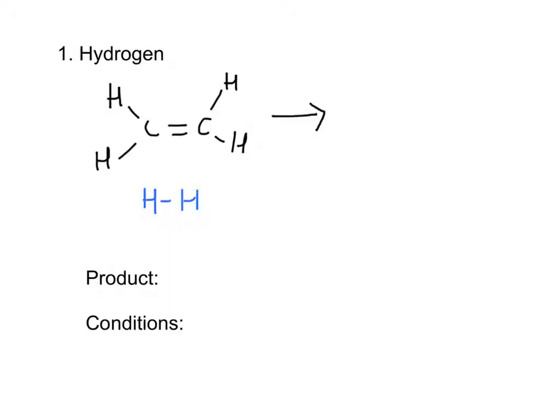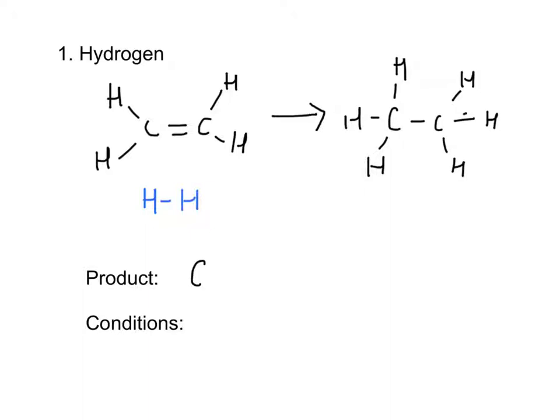When hydrogen reacts in an addition reaction with ethene, we end up with ethane. It's an addition reaction. We've lost the double bond and we have ended up with a molecule that has all single bonds.